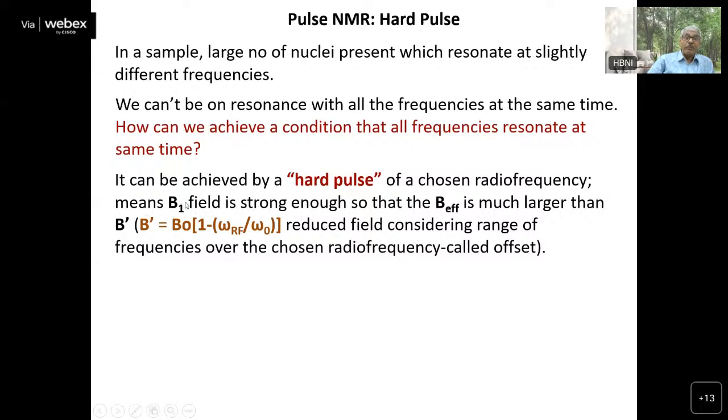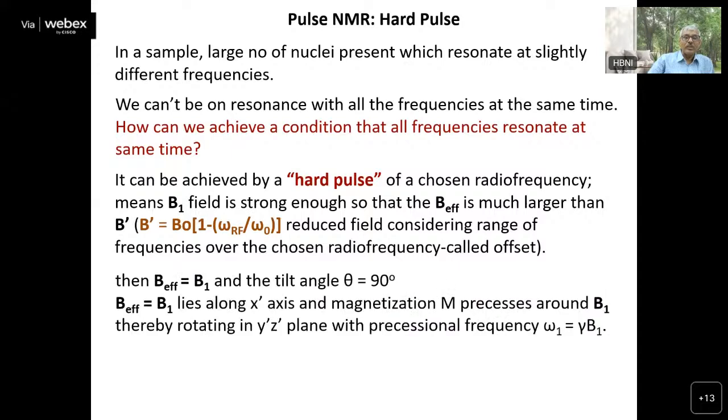So your B1 field should be strong enough so that B effective will be much larger, and B effective will lie along the x-axis, which is required for our resonance condition.